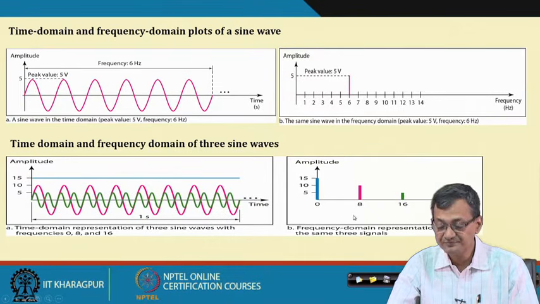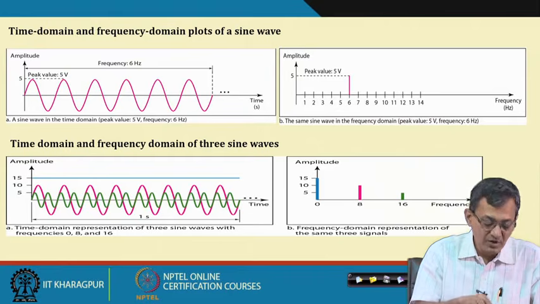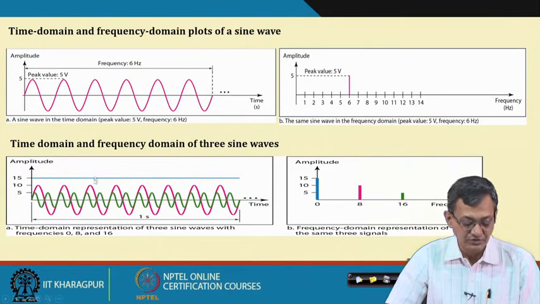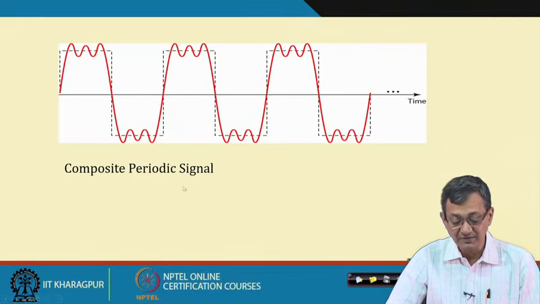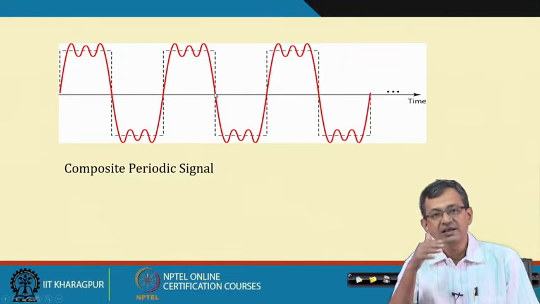Now, in this case again if I want to make them composite, at any point of time I go on adding the different values and get the composite signal, right. Like typically I may have some sort of a composite signal like this, which is again repeatable.